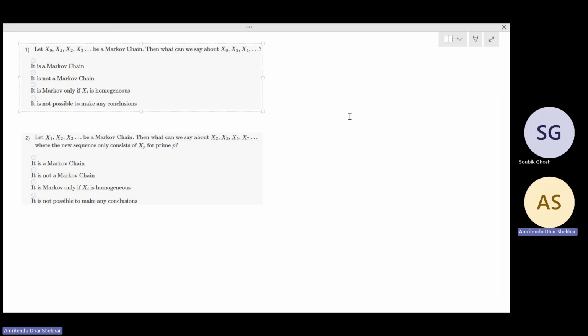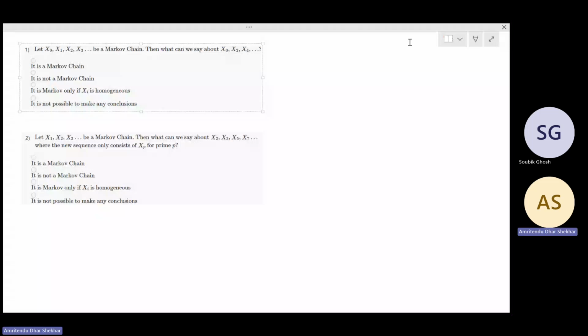So a Markov chain essentially is a stochastic process where you have a random variable which evolves with time.